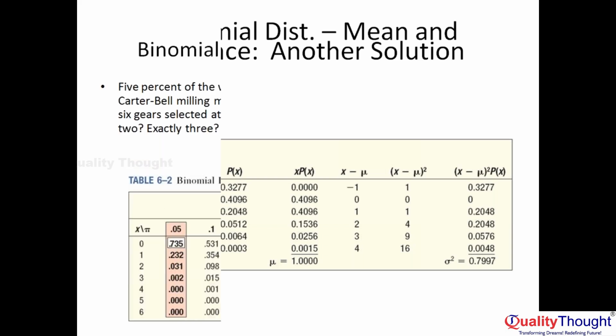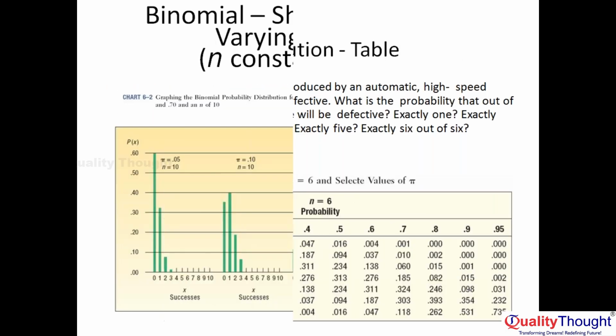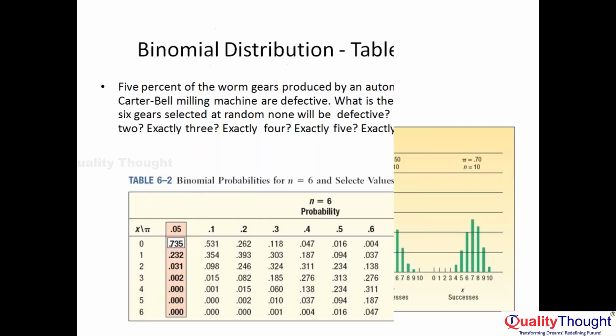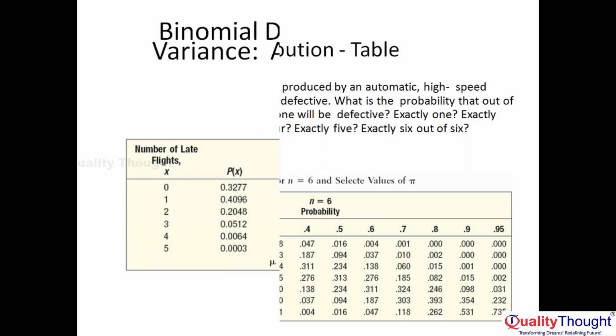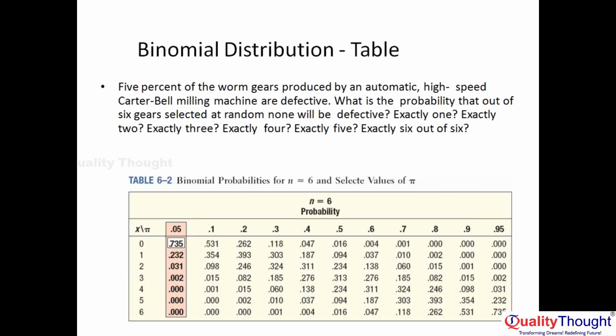So this is a binomial distribution table. Not only that, you can look at the binomial distribution table based upon the probability you have and the x values, and you can identify the binomial probability for the number of trials.